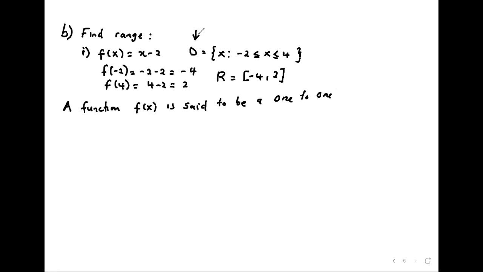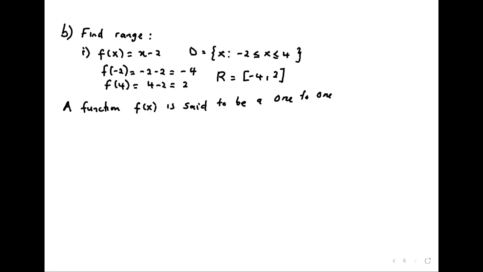Meaning, you take the smallest number in the domain, substitute in the function, take the biggest number in the domain, substitute in the function. The smallest value bounds the range on the left, the biggest value bounds on the right. And that's how you obtain the range. All right, thank you.